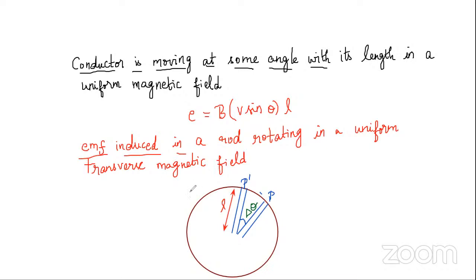And here the rod is rotating with angular velocity omega. And here you have the transverse magnetic field represented by the cross marks like this.